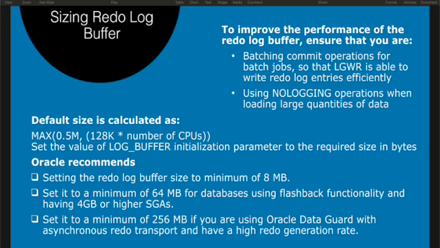To improve the performance of the redo log buffer, ensure that you are batching commit operations for batch jobs so that LGWR is able to write redo log entries efficiently, and using no logging operations when loading large quantities of data.